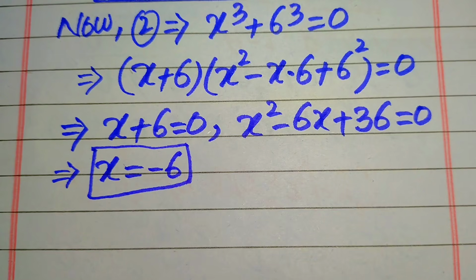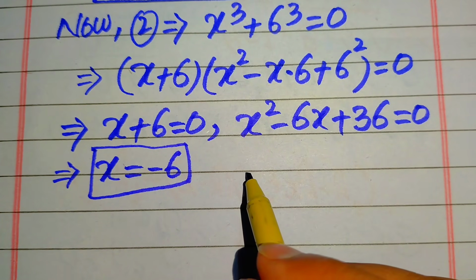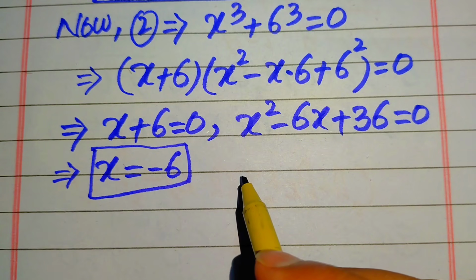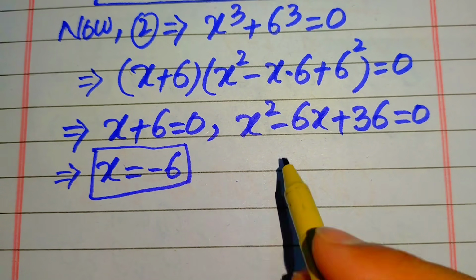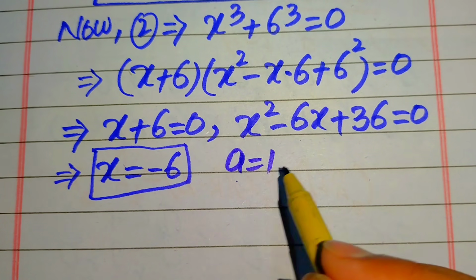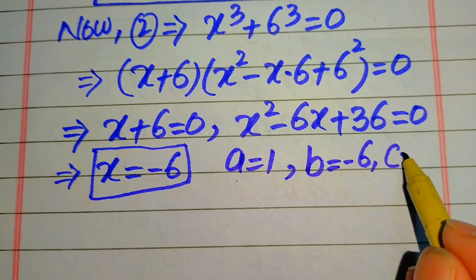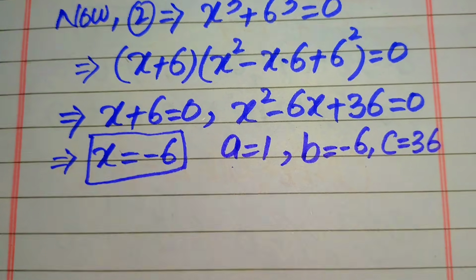Now in order to get the other roots, we need to solve this quadratic equation, and here we use the same steps which we did in equation number 1, so that we can write these steps in a very short way. Okay, so here we write the coefficients of this equation: a equals 1, b equals minus 6, and c equals 36.